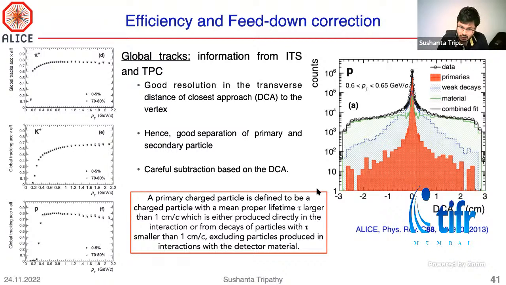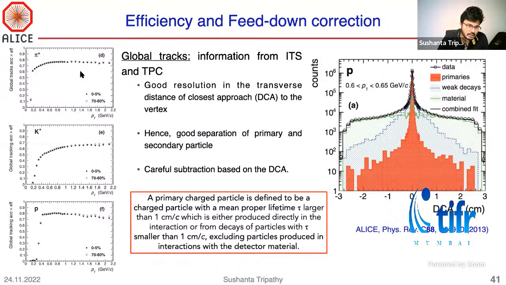Primary particles are those with mean proper lifetime tau larger than 1 centimeter per c, either produced directly from the interaction or from the decays of particles with tau smaller than 1 centimeter per c, but excluding particles produced in the interaction with the detector material.